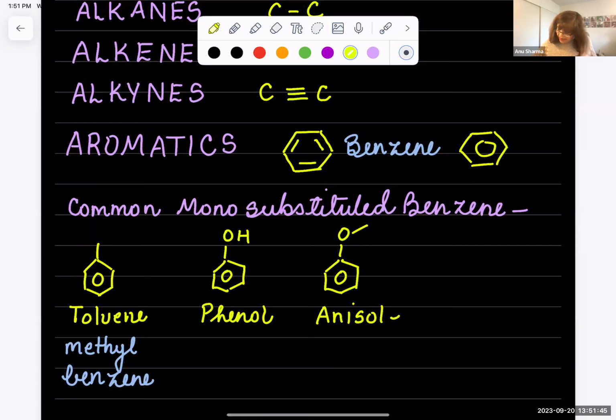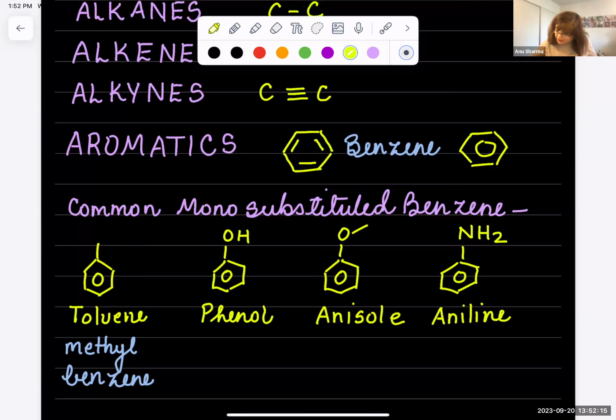When naming monosubstituted benzenes, if there is a disubstitution, you should always look at the monosubstituted first. If it's an amine, then this is called aniline. Its common name is aniline.